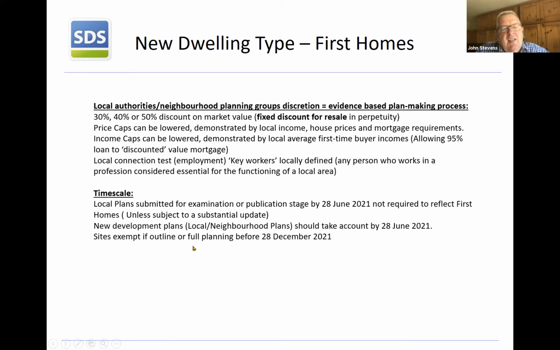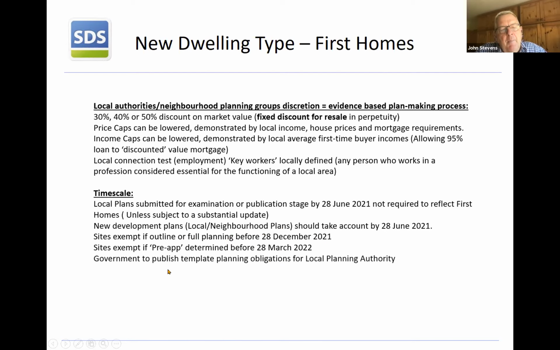And sites are exempt from including first homes, so that's large sites with house developers, if they've got outline or full planning by the 28th of December this year, or you've got a pre-app determined by March 2022. So some people might be rushing towards something, or some people might be embracing the opportunity of first homes. I'd be interested to hear what's coming from the sector, from people attending this webinar.